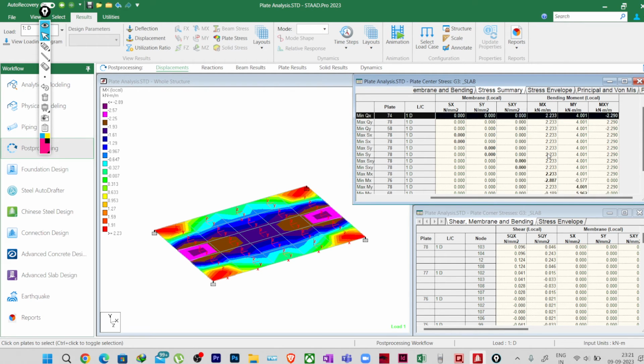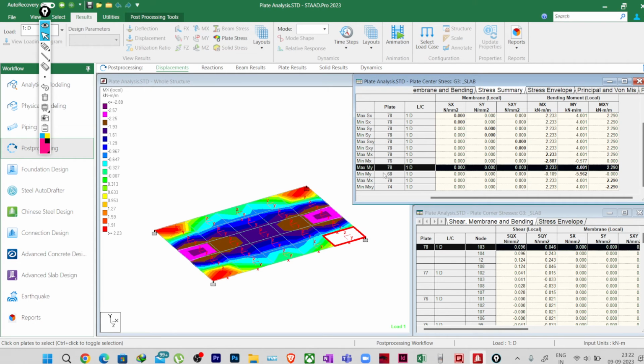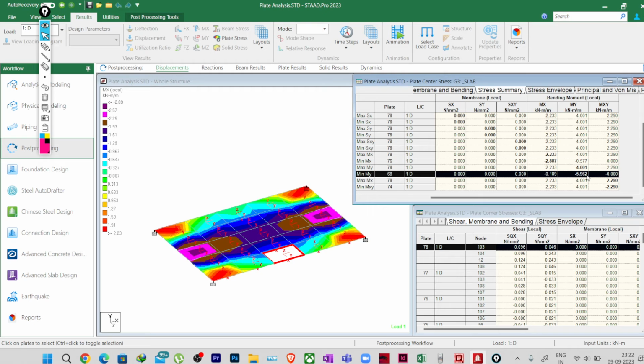If you see the negative value of My, minus 5.962, this is my negative bending moment. And if you compare with Mx or My, even the positive value, this is the higher value. So this is correct, our interpretation is correct.